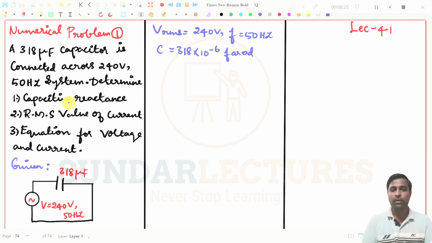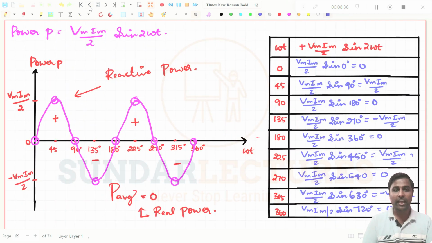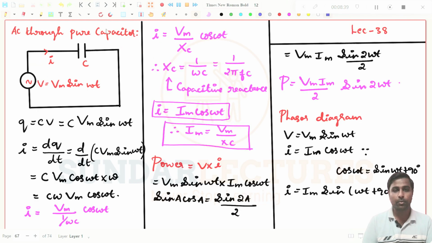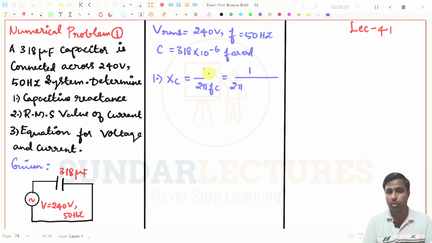Now they are asking you to find the capacitive reactance. What is the formula for Xc? We have seen Xc is equal to 1 by 2 pi F C, which is 1 by omega C. So Xc is 1 by 2 into pi into 50 Hz into 318 into 10 to the power minus 6.